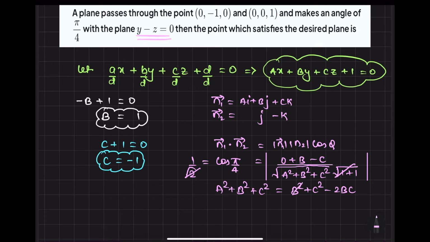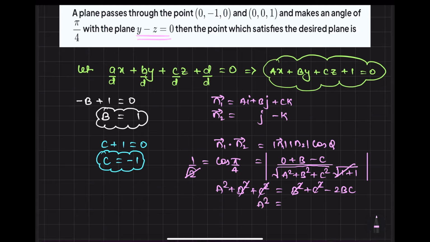Okay, so b square gone, c square gone. Is that okay? So now, you know that the value of c is -1, so minus 1 square is 1. We don't know what a square is, so a square will be a square.